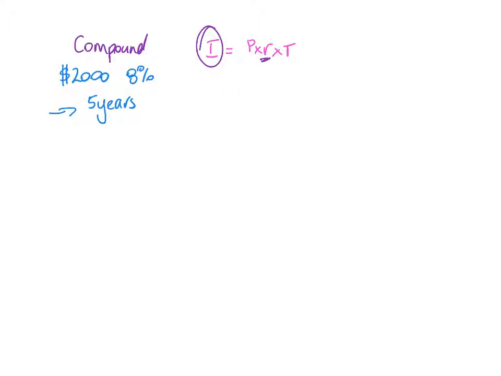So year 1, we have $2,000 multiplied by 0.08 times by 1, because it's 1 year. So at the end of that first year, we've earned $160. Then we add it back into our original amount, because we still have that in the bank account. So now we have $2,160. Then we come to year 2.